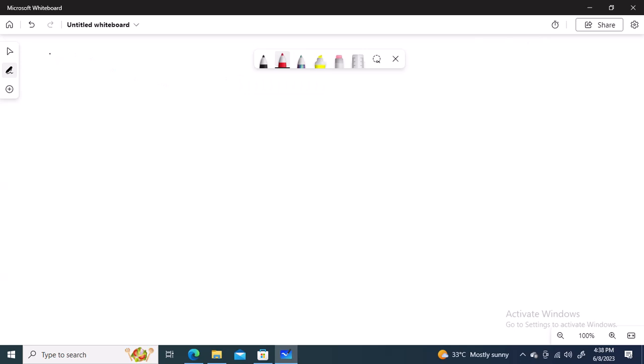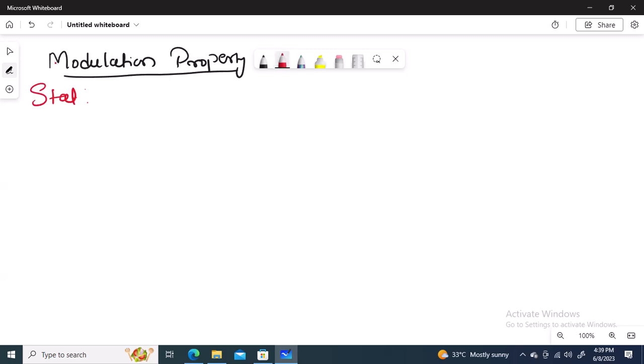So the fourth one is called the modulation property. I'll just write the statement.